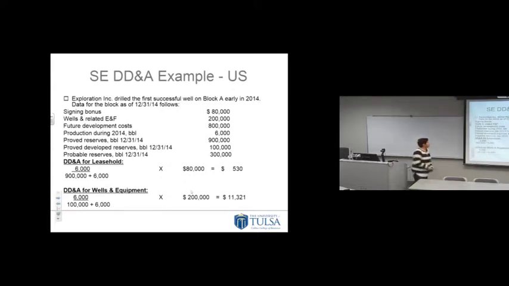For one reason, this field wasn't even proved at 12/31/13, so there were no proved reserves. For another reason, even if the field had been proved at the end of 13, even if we had a field that had been going for a while, things have changed. I've developed more wells. Some of my PUDs have become proved developed.